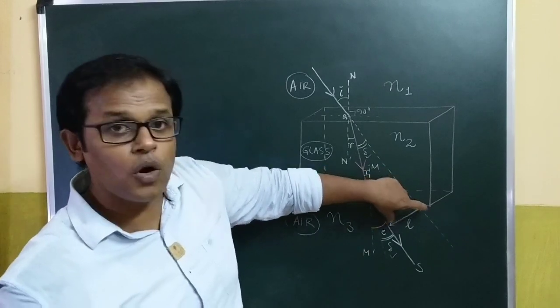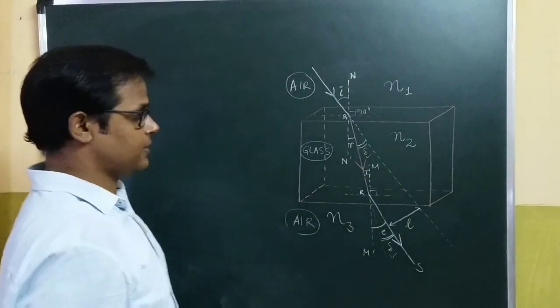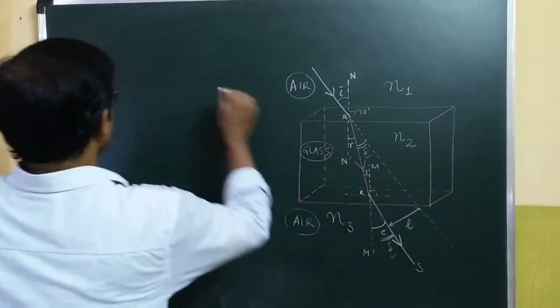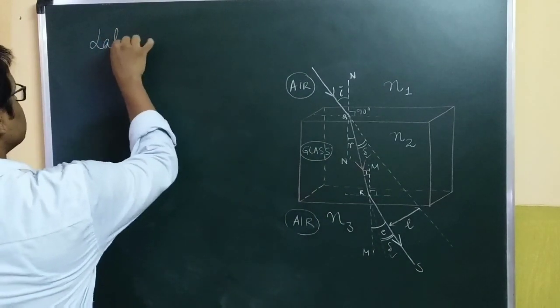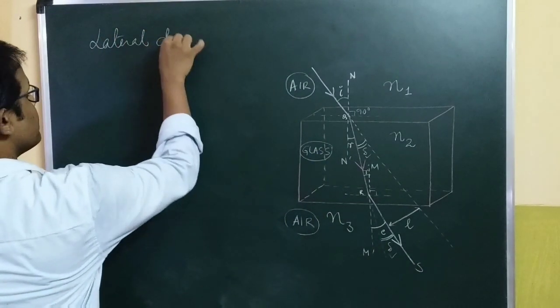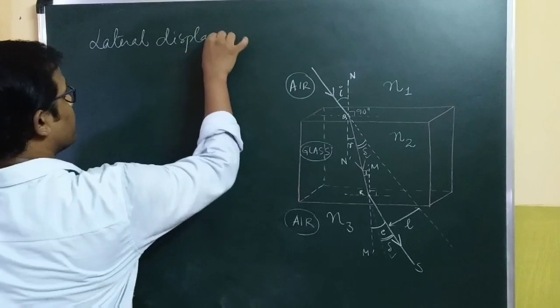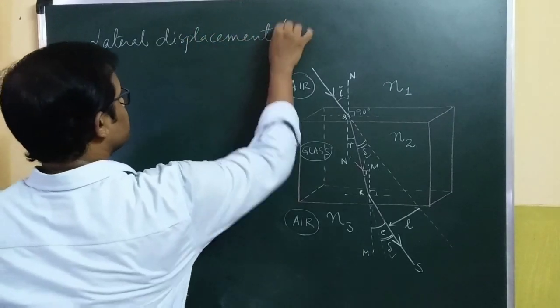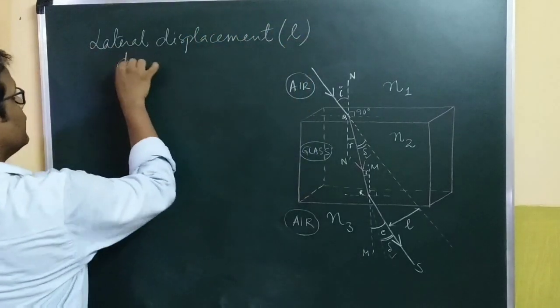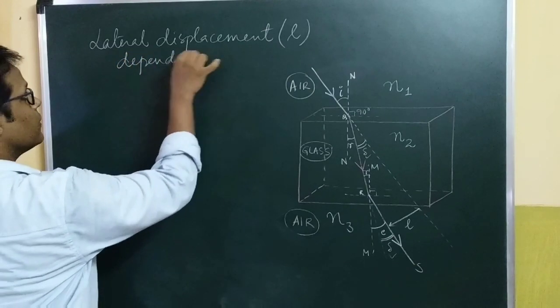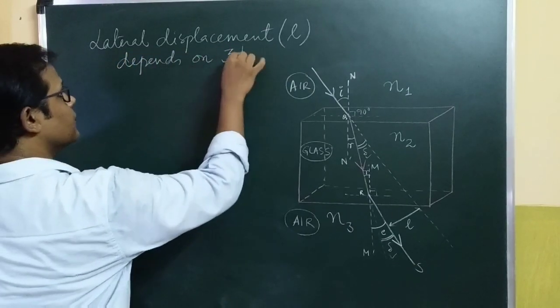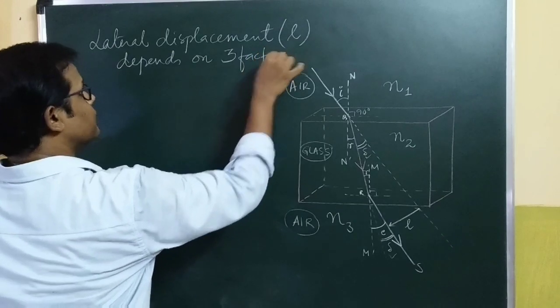This distance is called lateral displacement. Lateral displacement, the perpendicular distance, as I said, which I am denoting by L, depends on three factors.